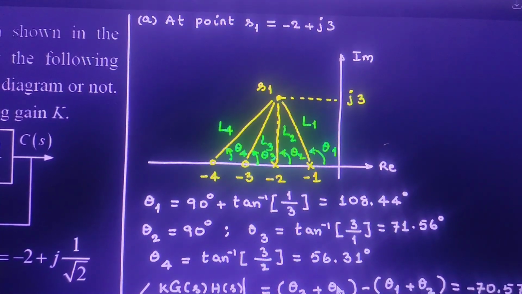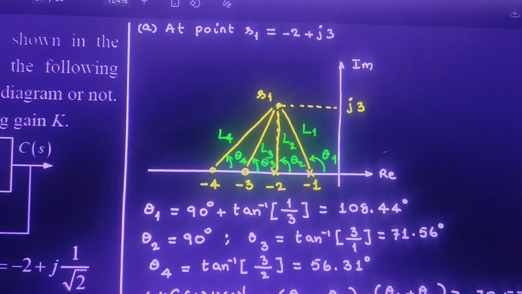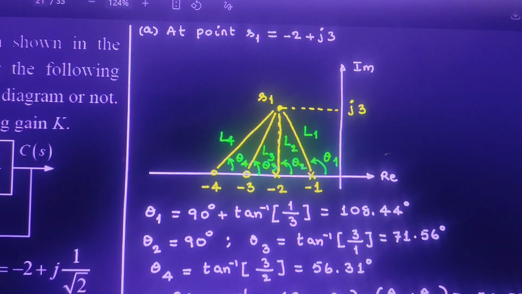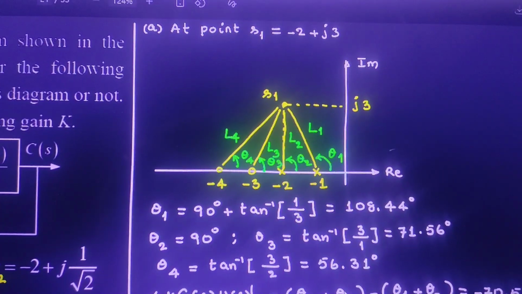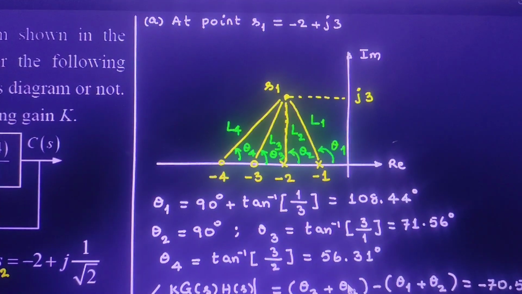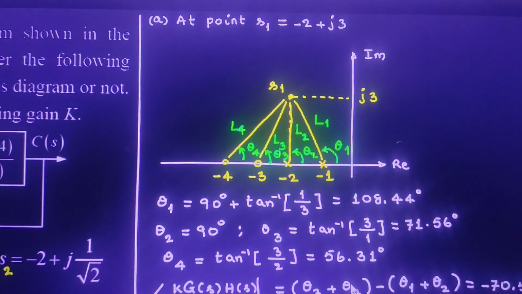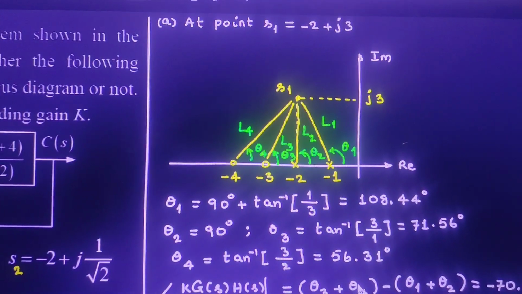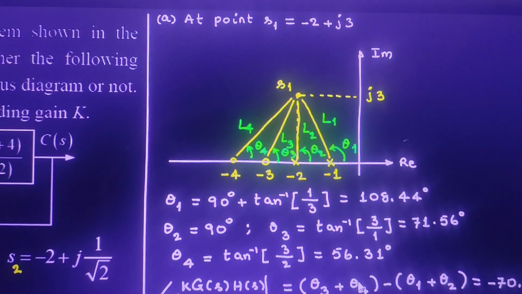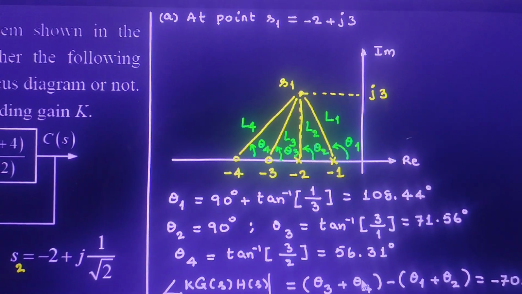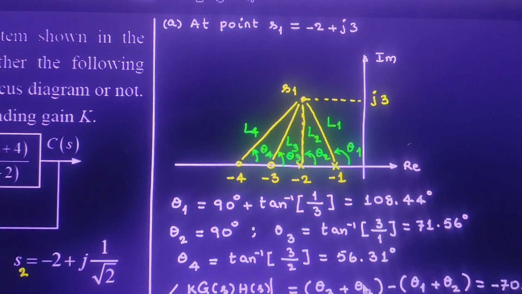So here the angle is moving to the left and up, so it will be 90 plus tan inverse 1 by 3, because the horizontal difference is 1 and the vertical difference is 3.